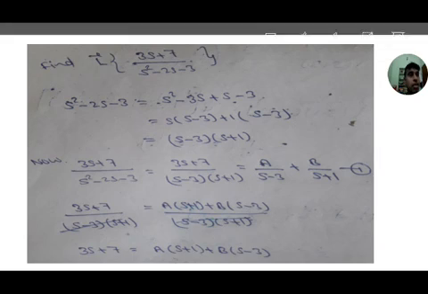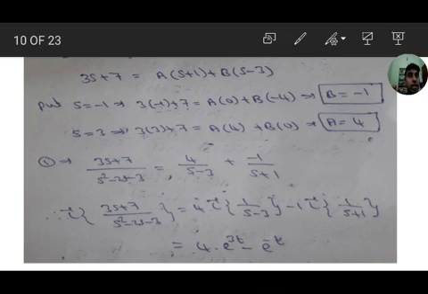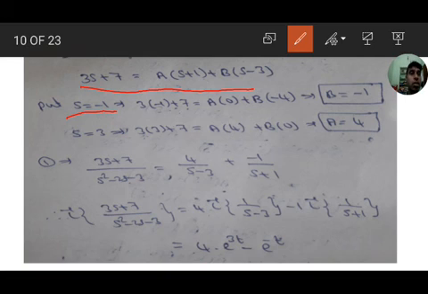Let us see. That is 3s plus 7 equal to, we got this equation, A into s plus 1 plus B into s minus 3. So substitute s equal to minus 1. We get the B value here first. In LHS and RHS, 3 into minus 1 plus 7, A into 0, since minus 1 plus 1 is 0.